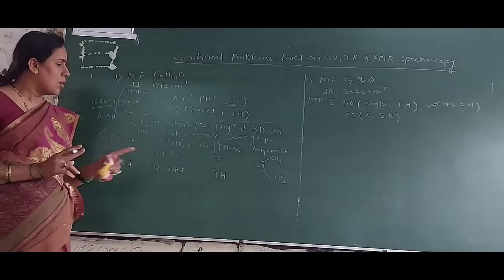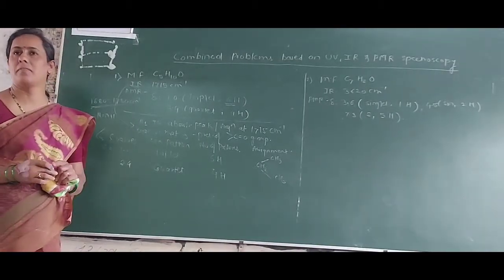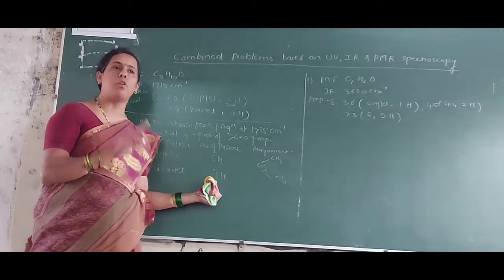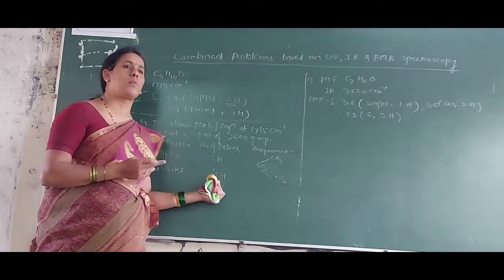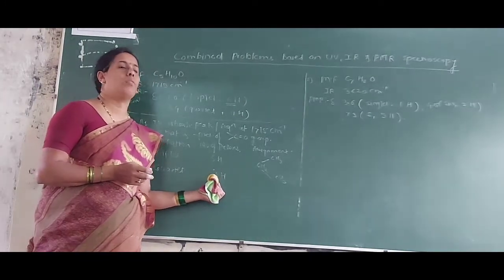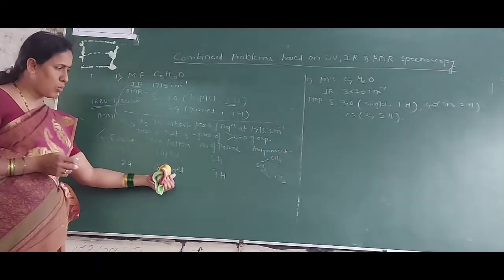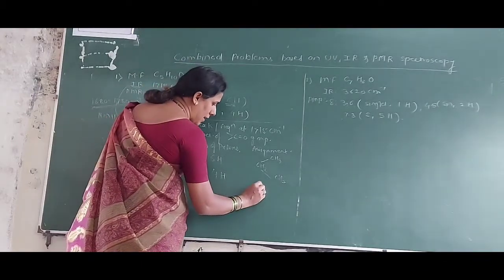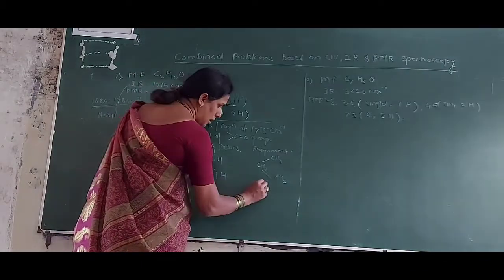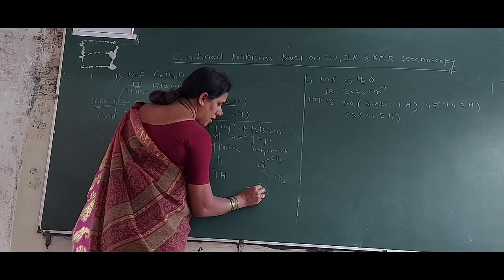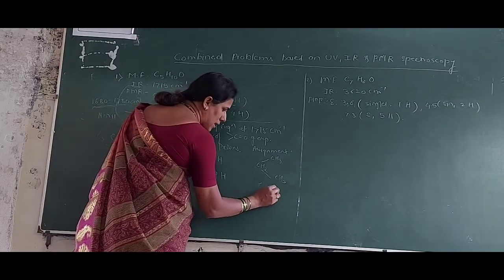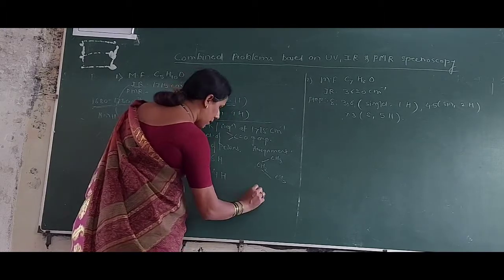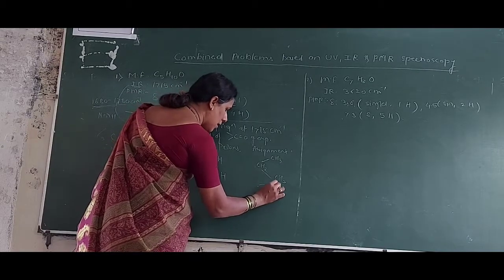Just think for a minute and tell me the answer. The number of protons is 4, which means CH2 twice. Since it is a quartet, the adjacent group is CH3 and CH2.